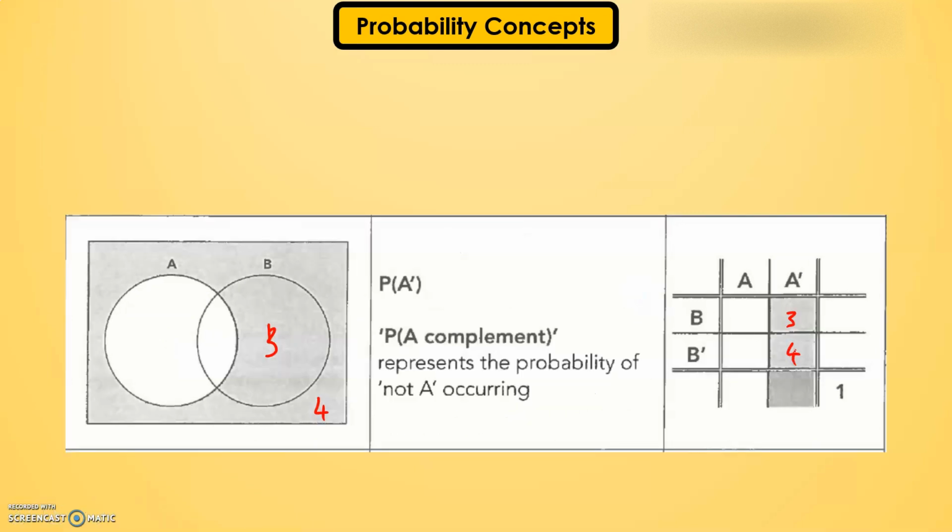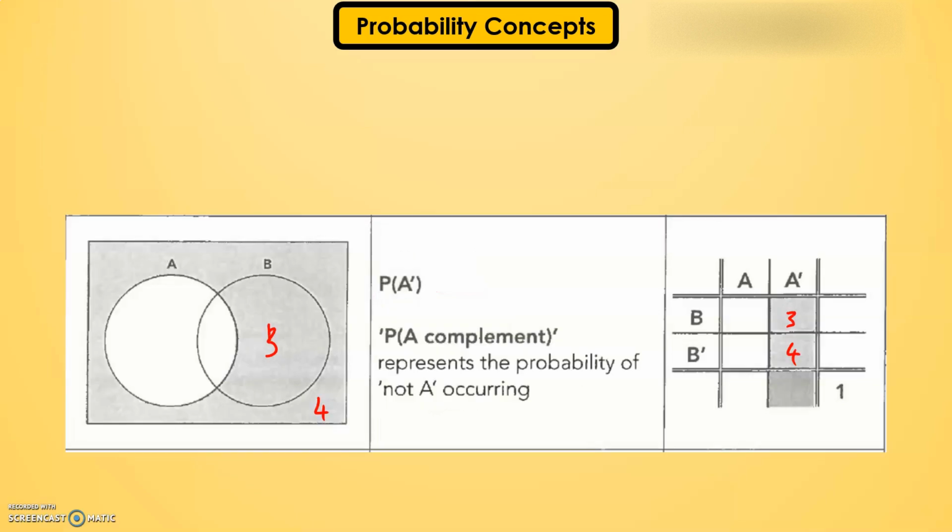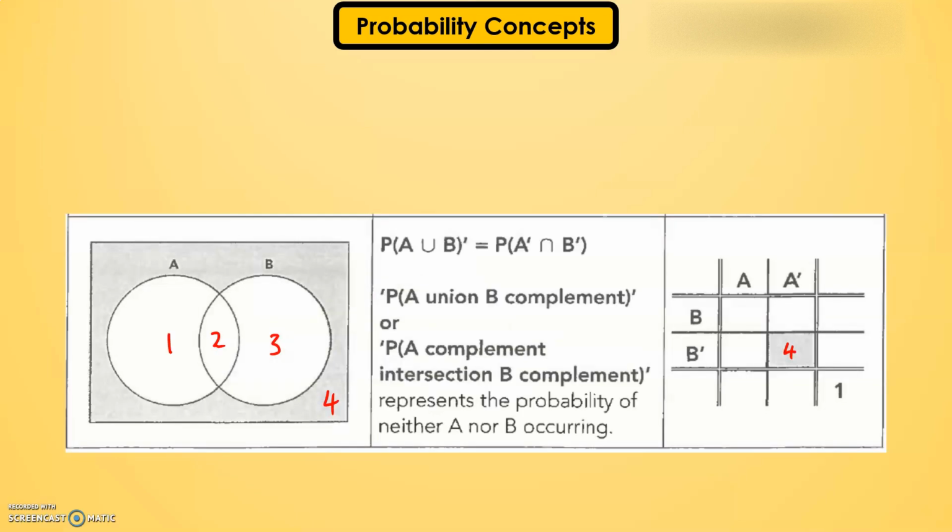So if we go back a slide, this is when we used the union of A and B. Here it's the complement of the union. That's the same as not A and not B.